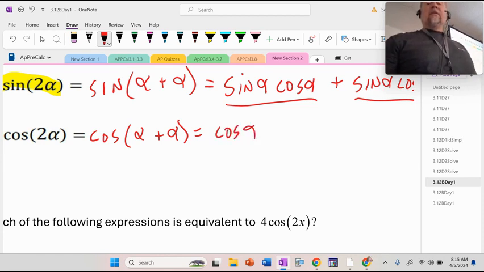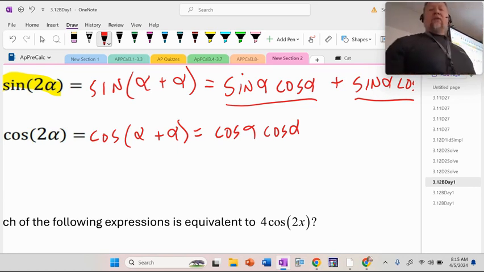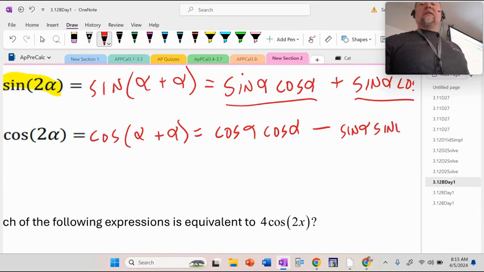Sorry, my alphas are getting a little weird. What's cosine alpha times cosine alpha? They're the same angle measure, so that's cosine squared. You got it. And then what do we do for cosine? Plus becomes what? Minus. And then what's sine alpha? Sine. Oh my gosh, my alphas are getting destroyed here. All right, sine squared of alpha.